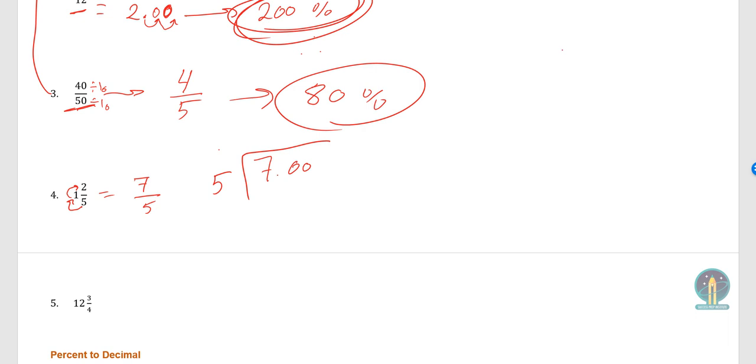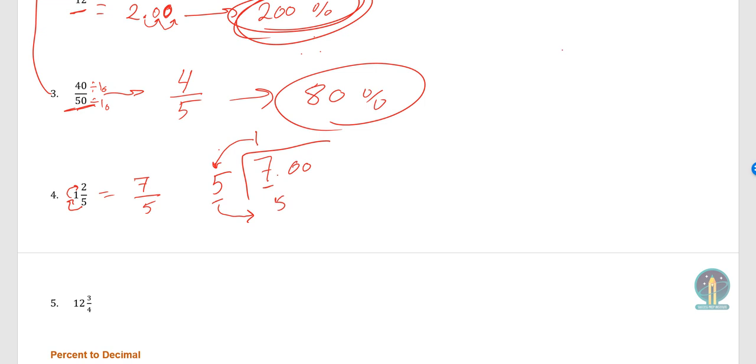So 7 divided by 5. How many full 5s are contained within a 7? Well, we have 1 full 5, and then there's a remainder, but we'll get to it. There's 1 full 5 in a 7. And then we multiply this result by 5 to get 5.